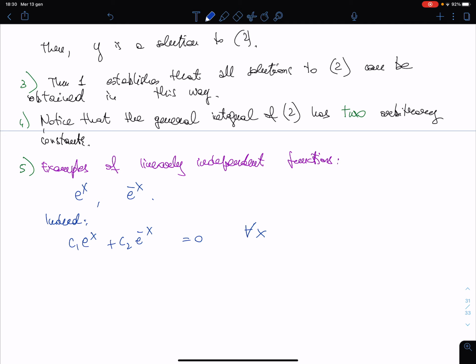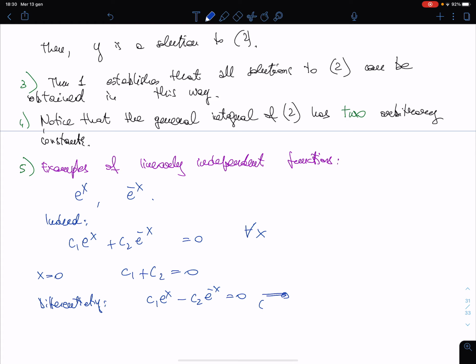So for instance, for x equal to 0, you have c1 plus c2 equal to 0. And then differentiating, you have c1 e to the x minus c2 e to the minus x equal to 0. Evaluating at x equal to 0, you have c1 minus c2 equal to 0. So here you have a system: c1 plus c2 equal to 0, c1 minus c2 equal to 0.